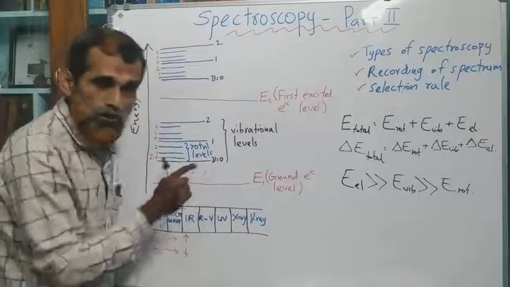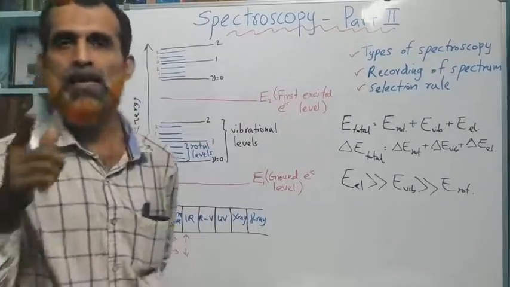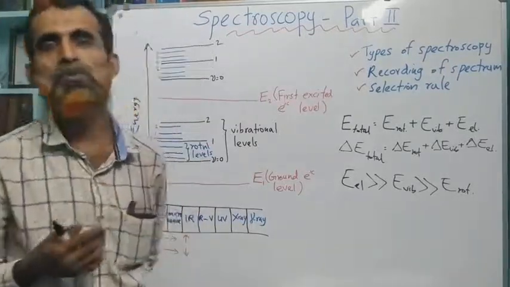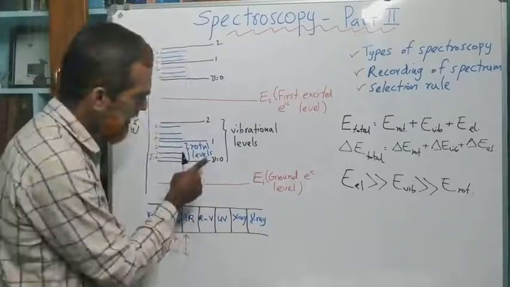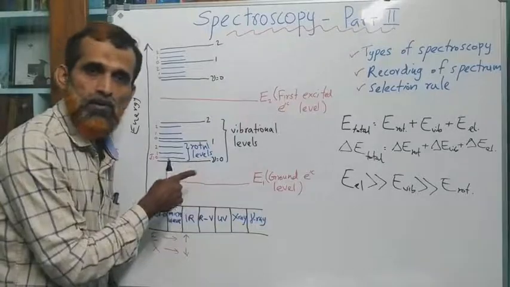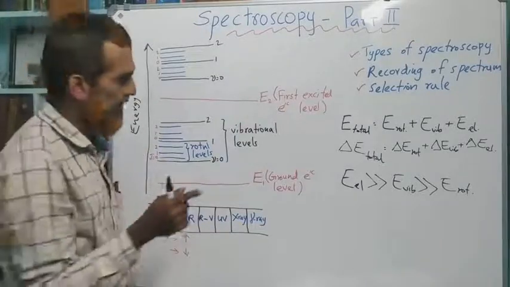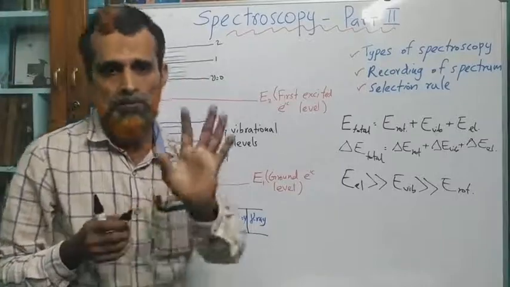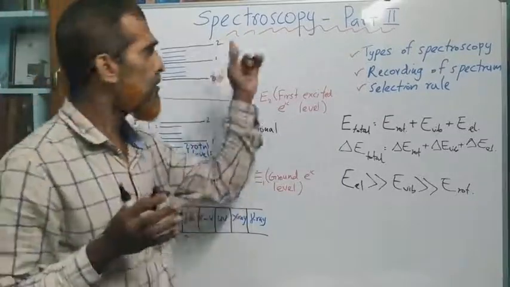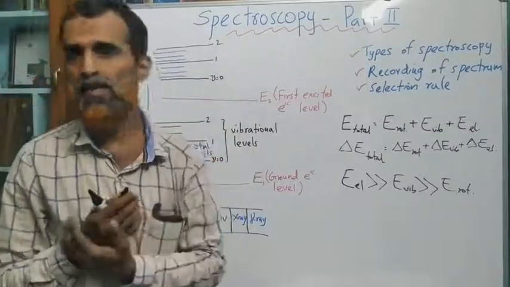See, we use certain quantum numbers for energies, like you use quantum numbers for atomic orbitals. Here these are the quantum numbers for the vibrational energy levels. Remember that spectroscopy is actually a quantum mechanical problem.